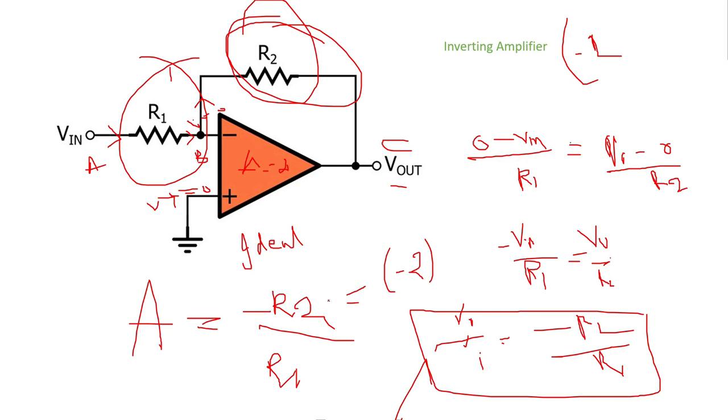To get a gain of minus 2, if I choose R2 as 2 kilo ohm, then R1 is 1 kilo ohm. Then I will get the desired value.